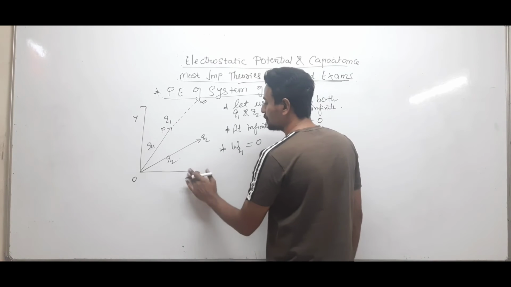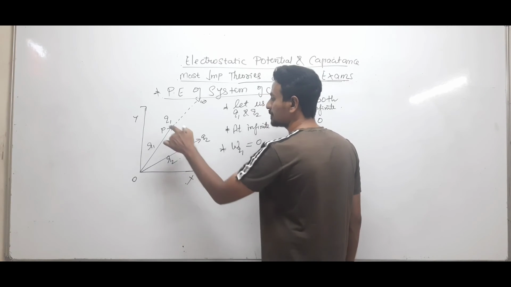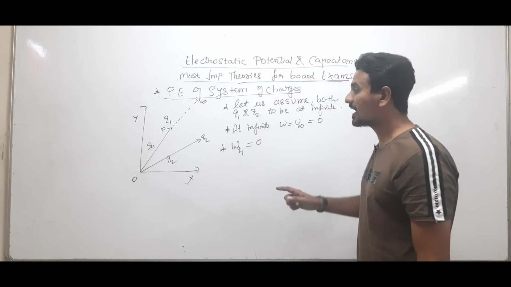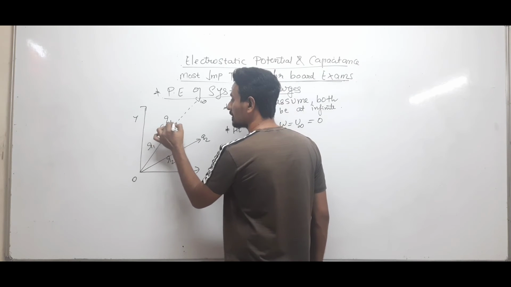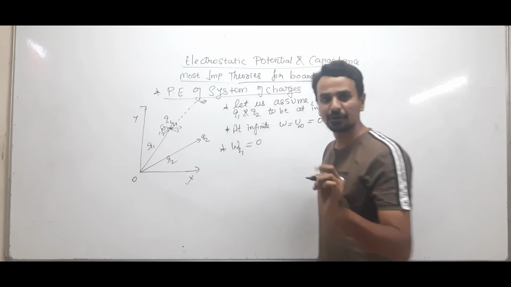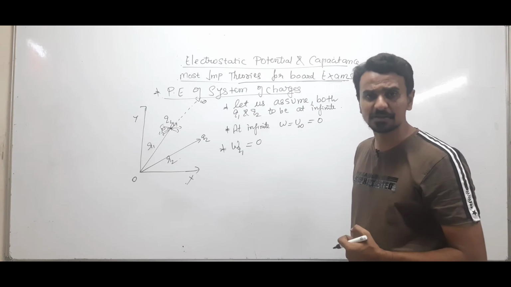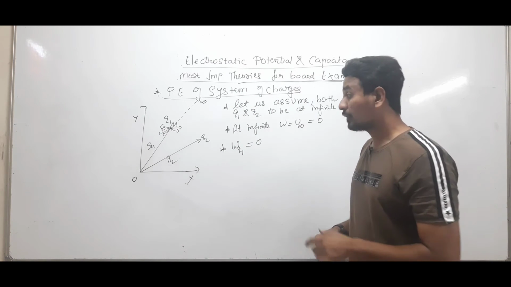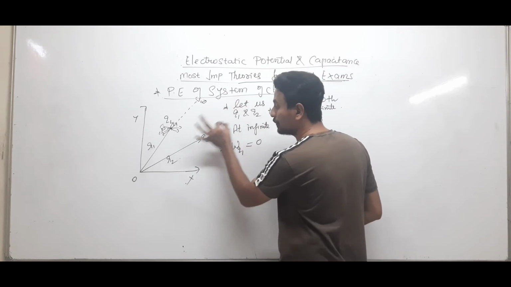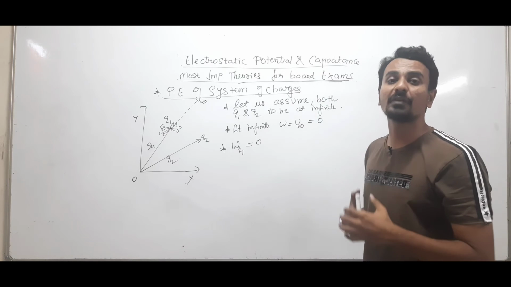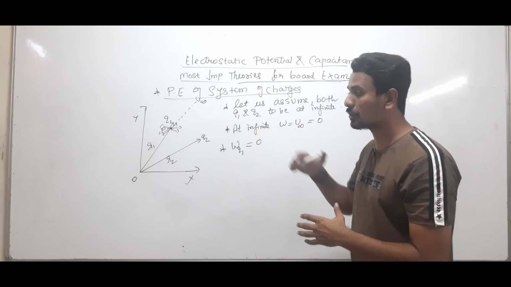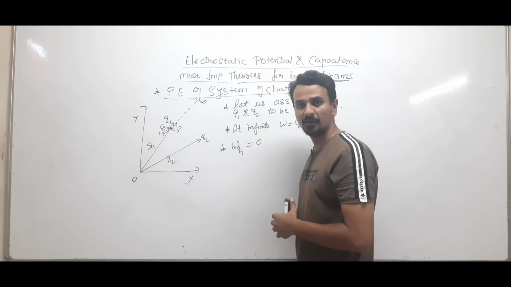Now, when a charge Q1 is placed here, this charge will produce an electric field and a potential around it. So now when you are bringing a charge Q2, you need to do some work to get this configuration, this arrangement.